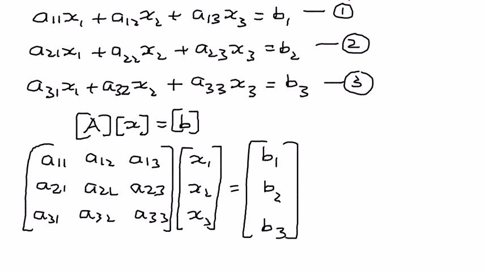We can represent the system of linear equations in this format, A times x equals B, where A can be represented as a coefficient matrix, x can be represented as a column matrix like that, and then the constant numbers on the other side of the equal sign can be represented as a constant matrix, or a column constant matrix, like that. So in here, A is the coefficient matrix, x is the unknown variables that we want to find, and B is the constant terms.